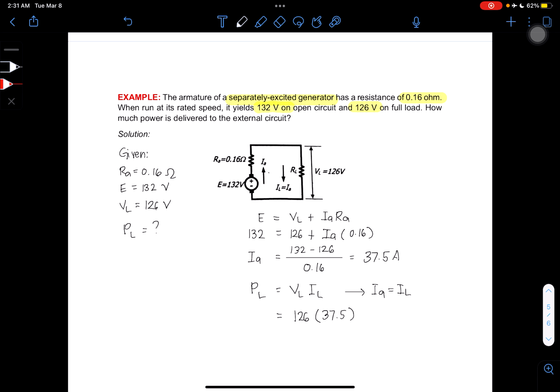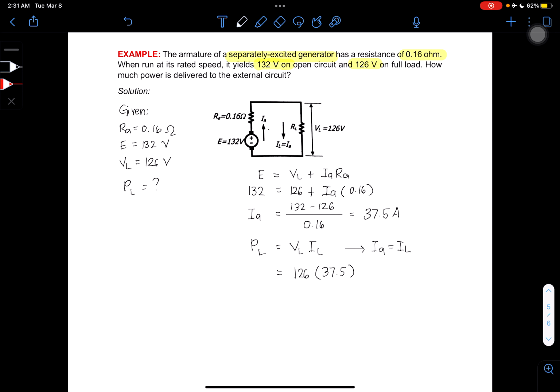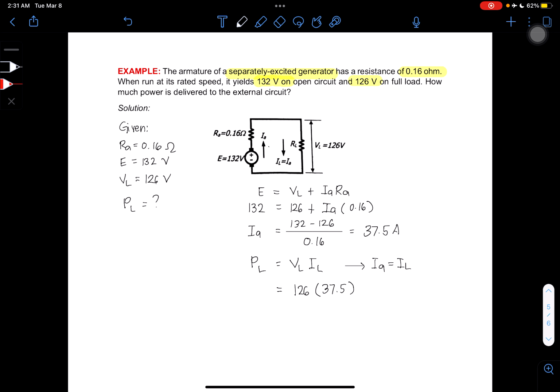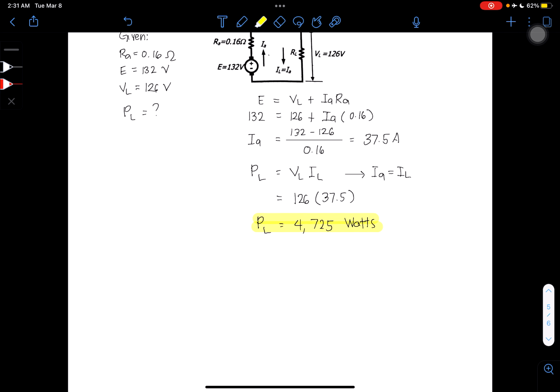So the power delivered to the external circuit for this problem will be 4,725 watts. This will be our final answer for this example problem.